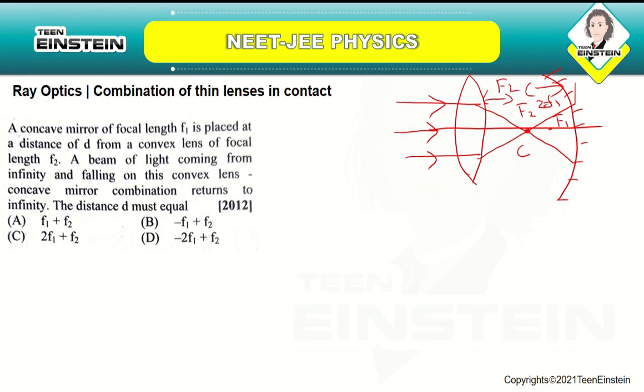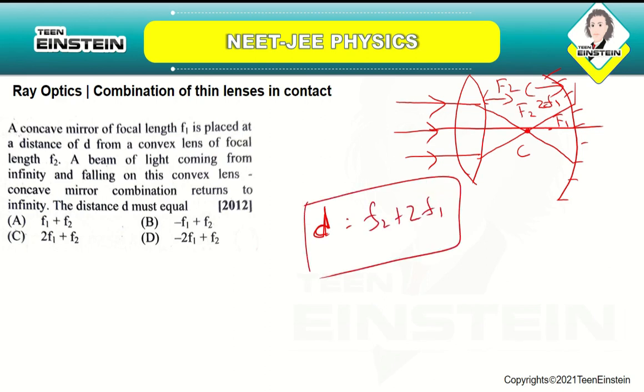Hence we can conclude that the image formed by the lens is at the center of curvature of the concave mirror, which implies the distance d is equal to f2 plus 2f1. So the correct answer is 2f1 plus f2, option number C.